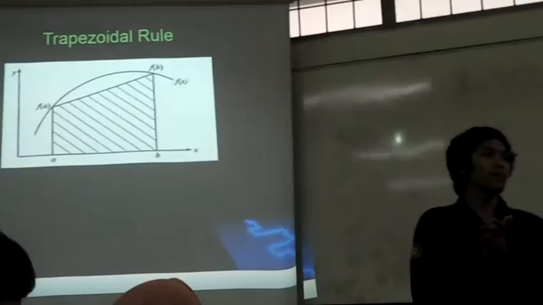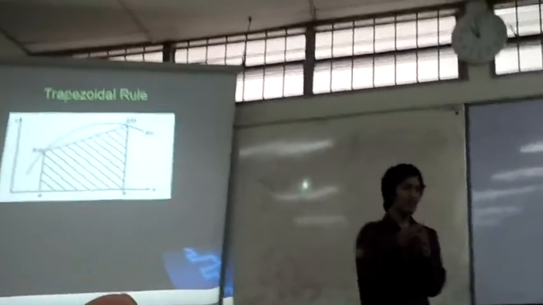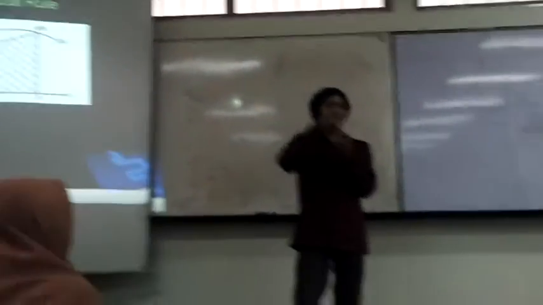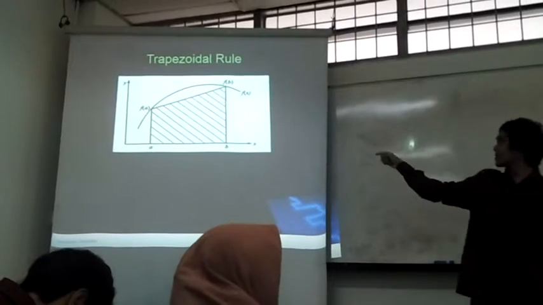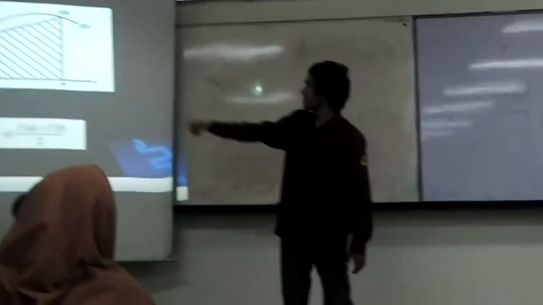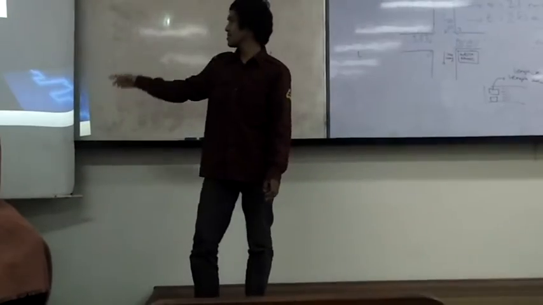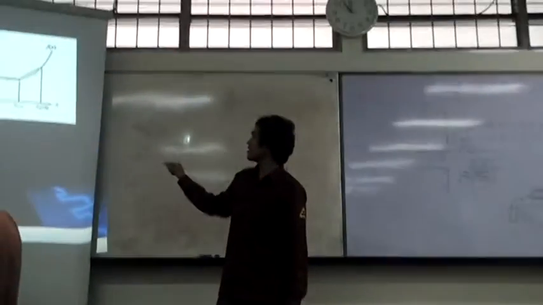The trapezoidal rule comes from trapezoidal integration, the trapezium under the function f(x). Then we can get this equation, h is equal to b minus a.